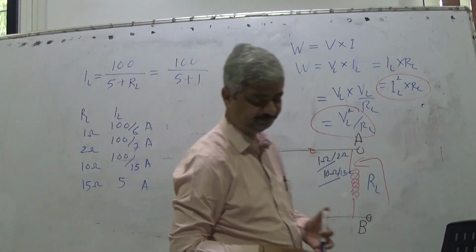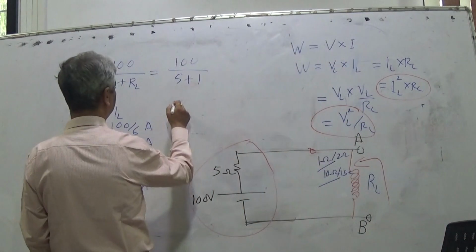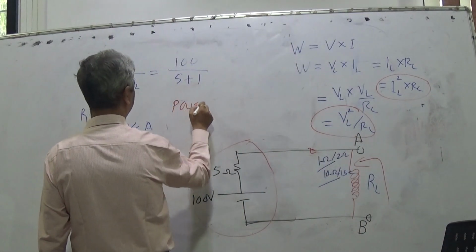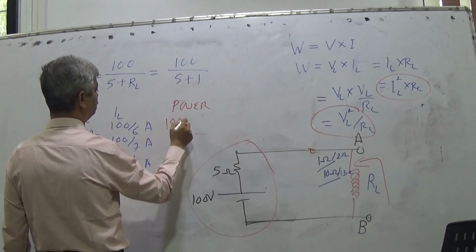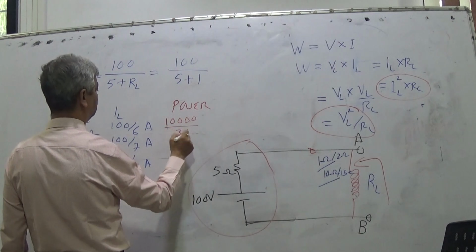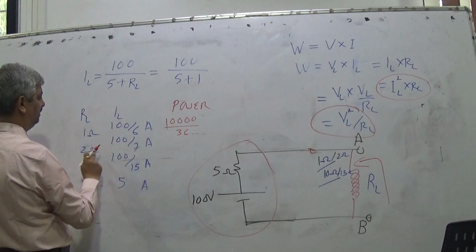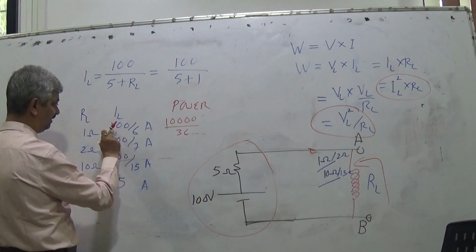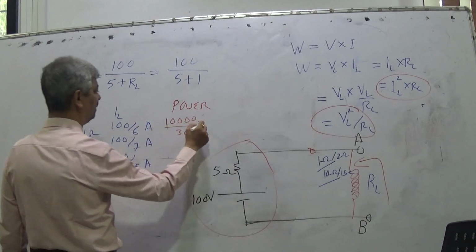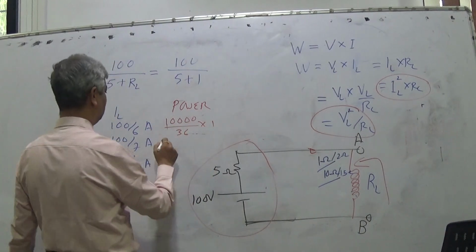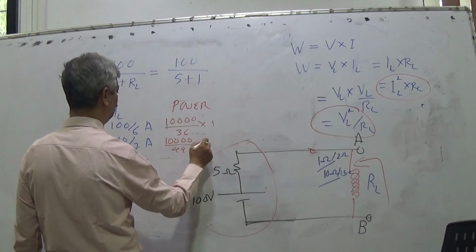So in the first case, power would be I square R, so 10,000 upon 36 into 1, since R is 1. The next case, 10,000 upon 49 into 2.